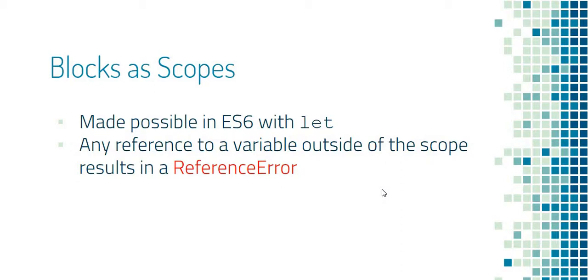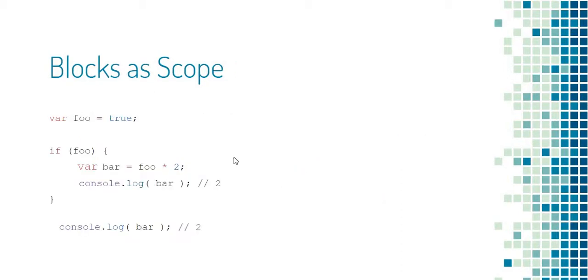Now let's move into an example. So here we have an example with a variable foo declared in a global scope with a var identifier, and we have an if block, and the if block is executed when the expression here is true. Since the value of foo is always true, the if block is always executed.